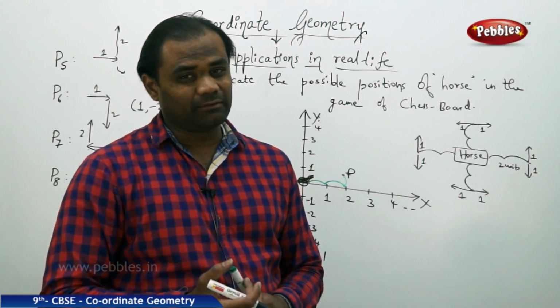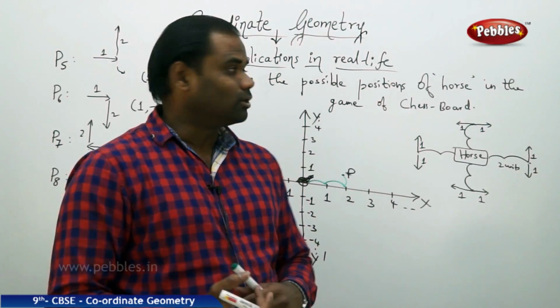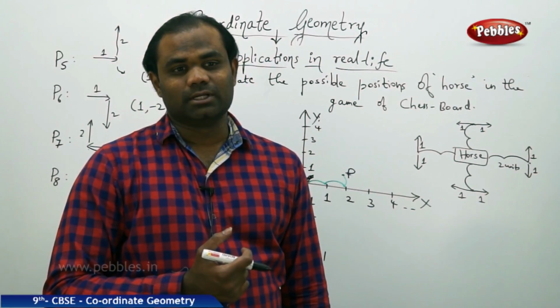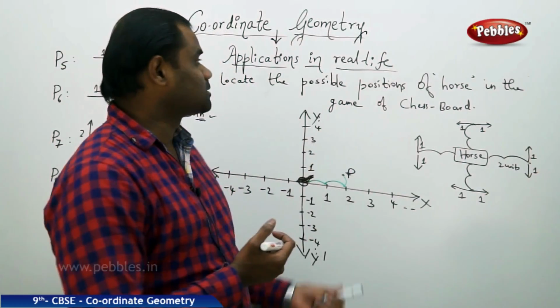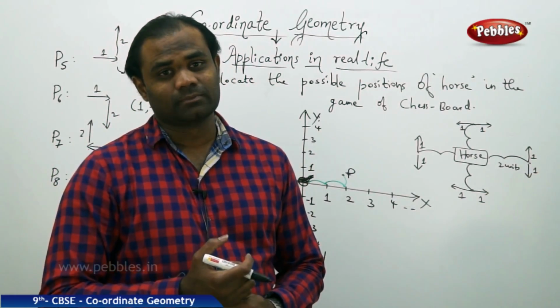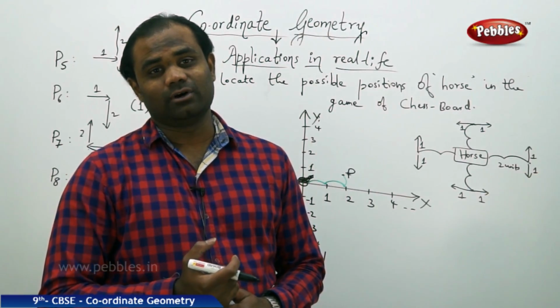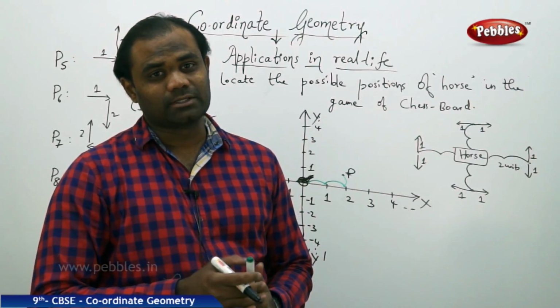So totally I have 8 coordinates which the horse can make with the possible positions on the chessboard. This is how we connect the coordinates with the real life system. The possible coordinates are 8 coordinates which the horse makes in Cartesian form.